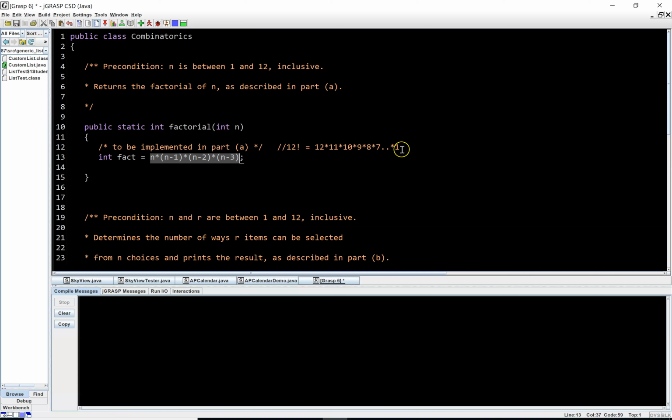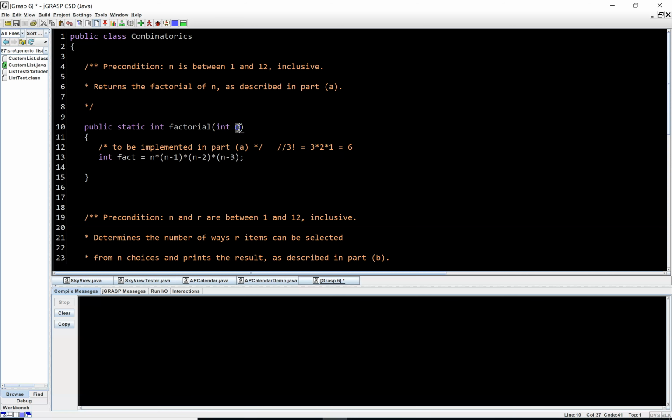I'll write it right here really quick. 3 factorial is actually a very quick calculation. 3 times 2 times 1, and we stop at 1. We don't want to multiply times 0 because then we would get 0 and it would defeat the purpose. So times 1 is 6. 3 factorial is 6.